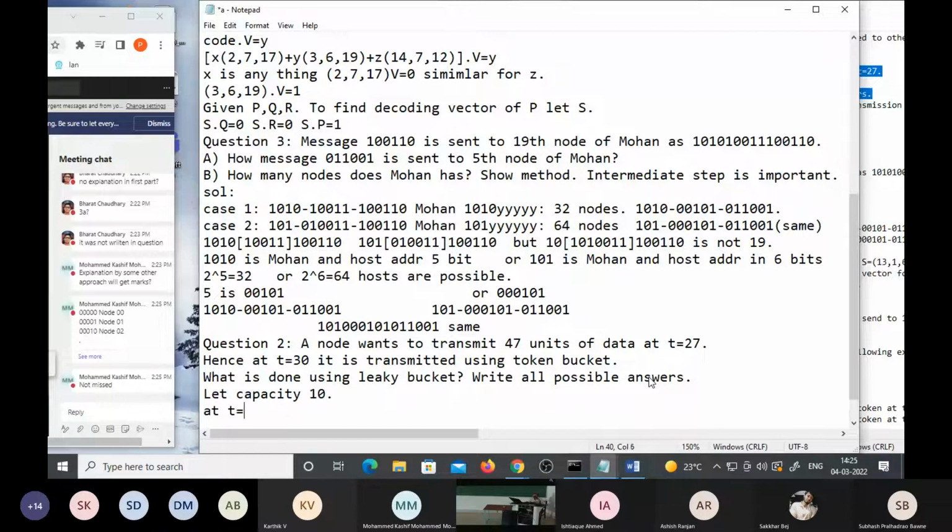At T equal to 27, 10 tokens. 27, 28, 29, 30, and 31. 10 tokens each. Transmit at 31.